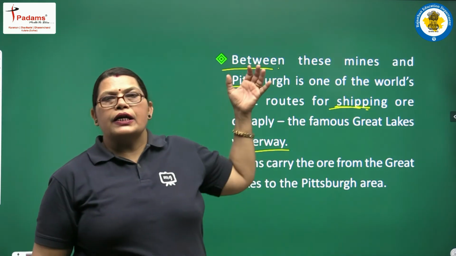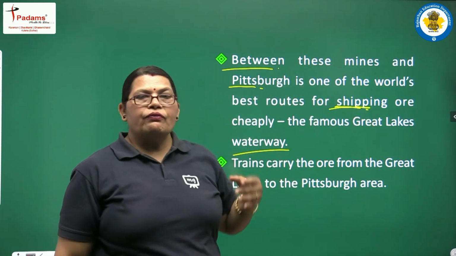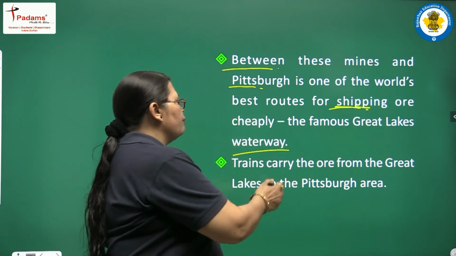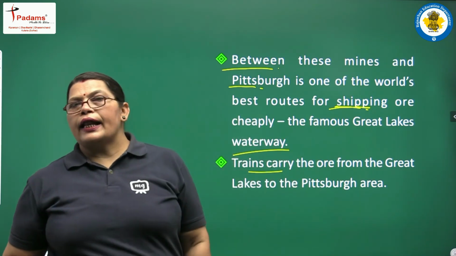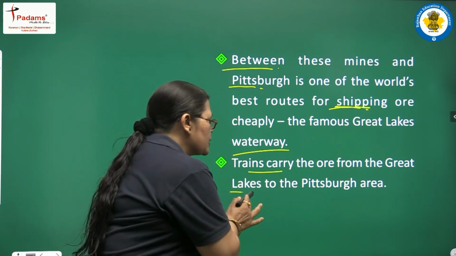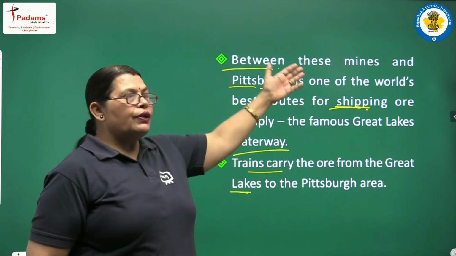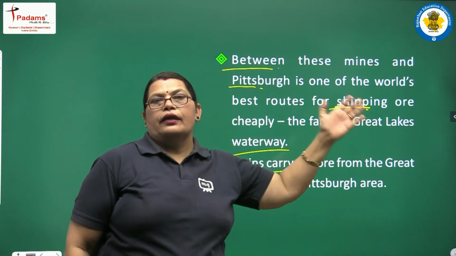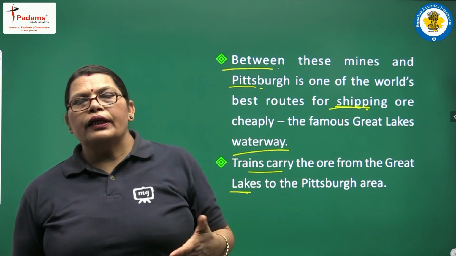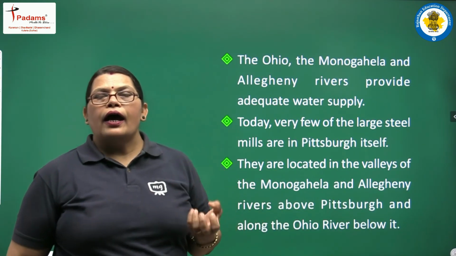So transport facilities are also there. Trains carry the ore from the Great Lakes to the Pittsburgh area. So the transportation facility, raw materials and coal are all in nearby areas and everything is available.